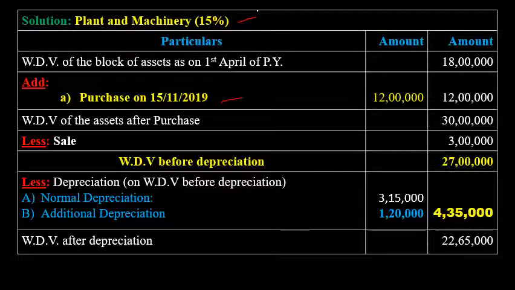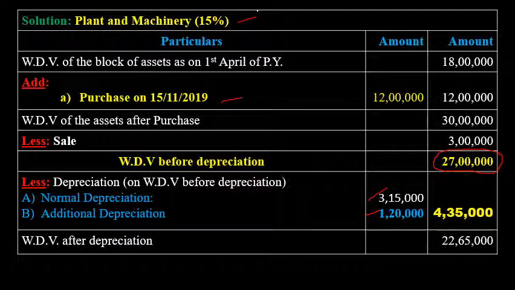Then assets sold in the previous year was rupees 3 lakh. And written down value before depreciation is 27 lakh. This is the value which we have to consider for the calculation of depreciation. The limit for the charging of depreciation is 27 lakh. Then less depreciation, the normal depreciation you are going to get is 3,15,000 and the additional depreciation 1,20,000.